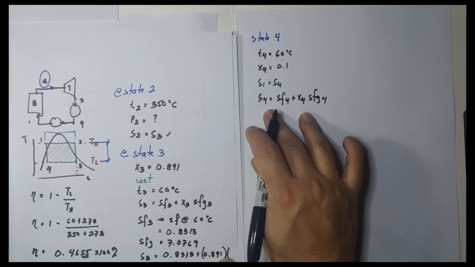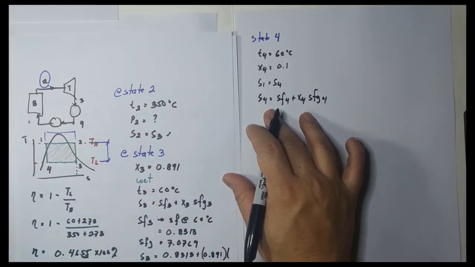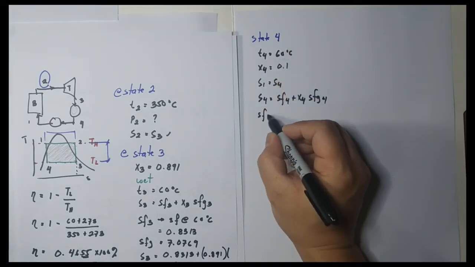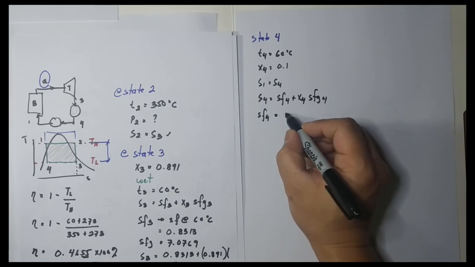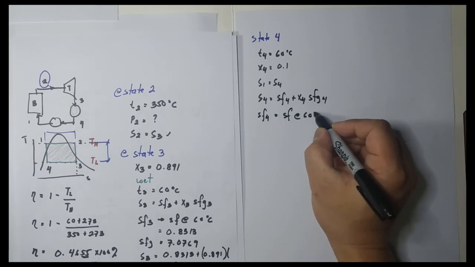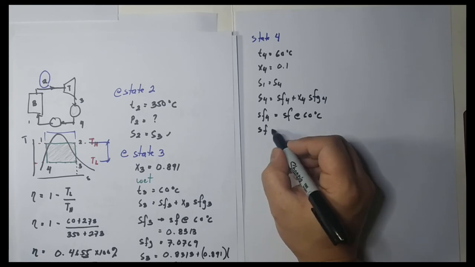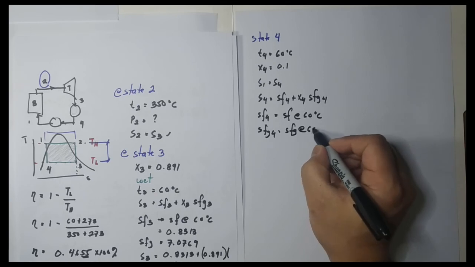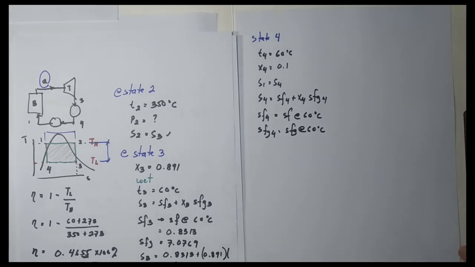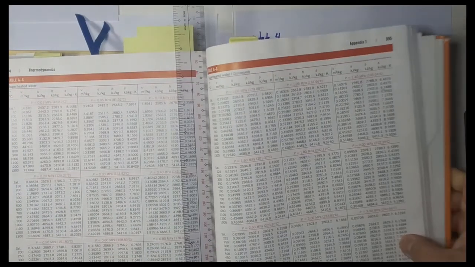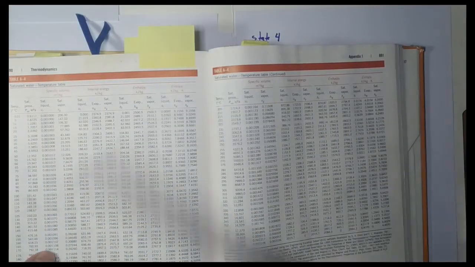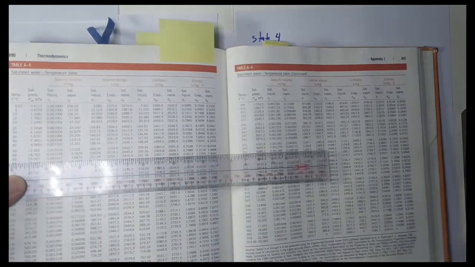Okay. Yan yon. Now, nakita na natin kanina yung SF4 is actually SF at 60 degrees Celsius. SFG4 is SFG at 60 degrees Celsius. Meron na tayong value kanina. Nakita natin sa steam table. Okay? Nasa table A-4. Tapos punta ka sa 60 degrees Celsius.